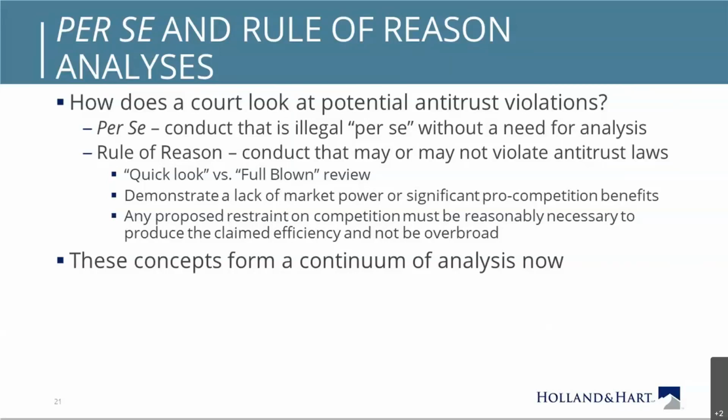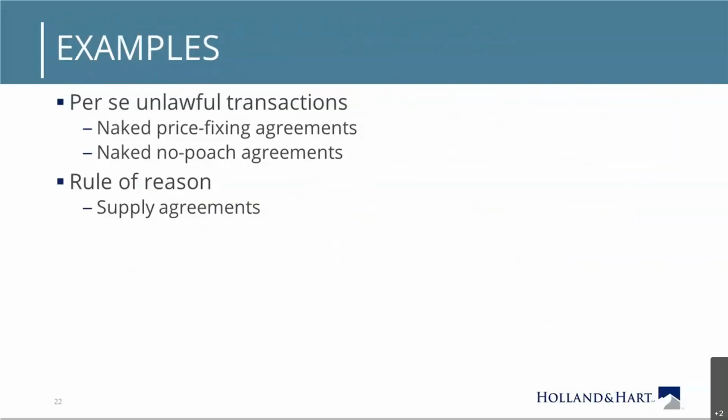Any proposed restraint on competition must be reasonably necessary to produce the claimed efficiency. It can't be overbroad. And so we'll talk about some examples of this now, because this really is kind of a continuum. You've got per se illegal, and then as things get more and more complicated, you take a deeper look into it. And let's look at some examples.